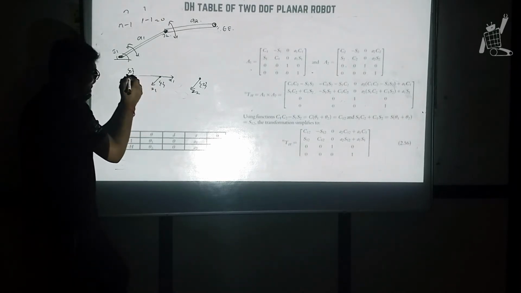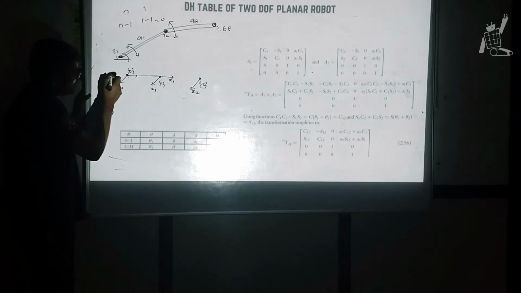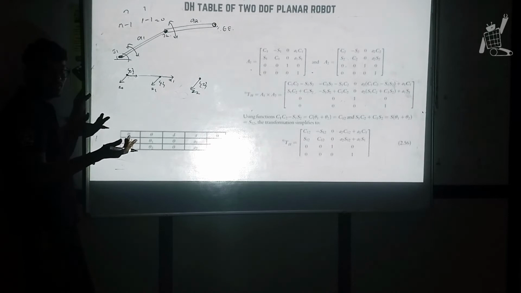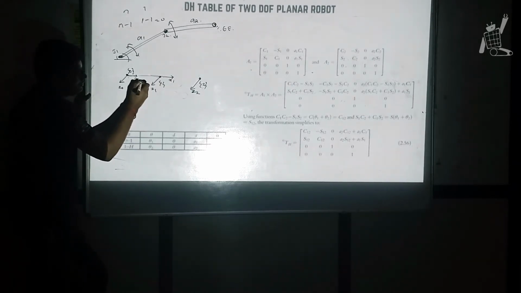And x0 is the starting point. We don't have any joint before it, so it is arbitrary. You can mark it in any direction. I am marking it in the same direction as x1. So this will be x0.